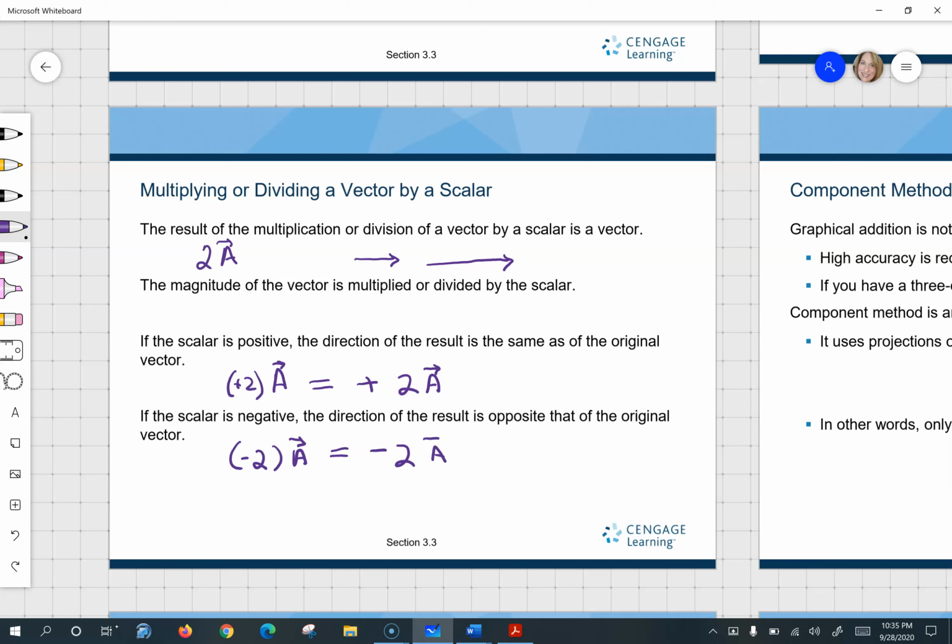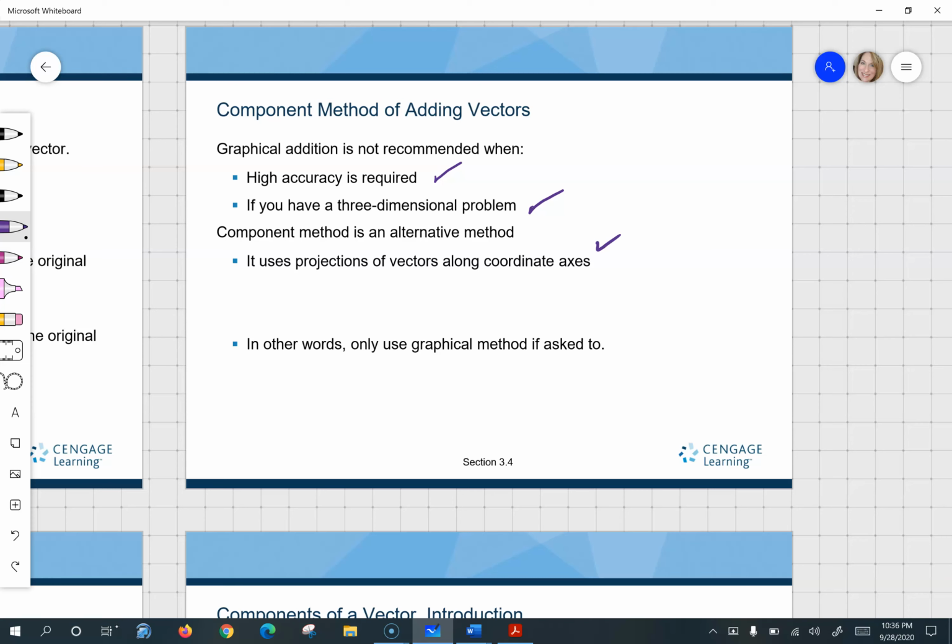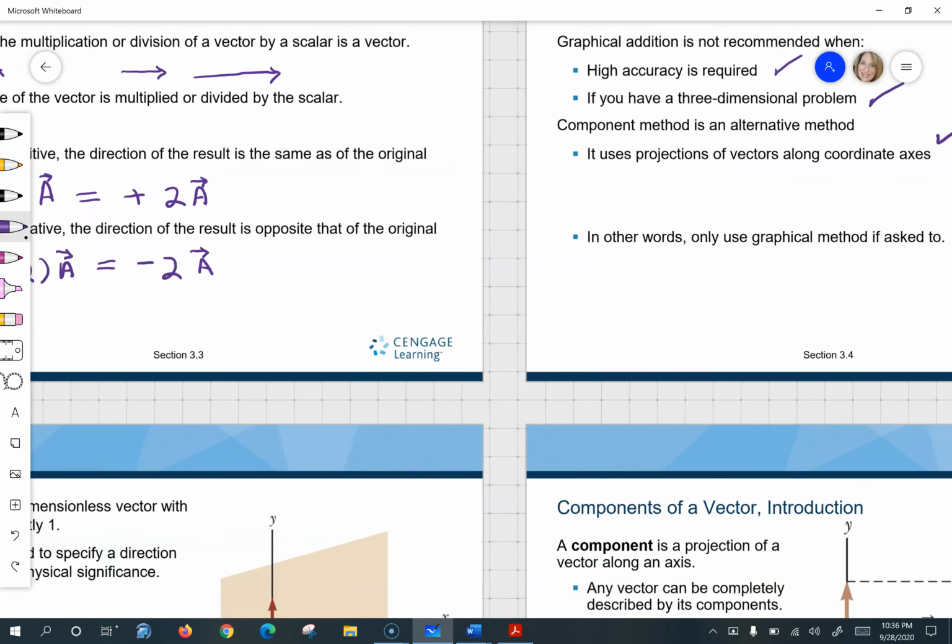You don't want to use it if you have a 3-dimensional problem. You want to use your component method, which we're going to go over next. So in other words, you only use the graphical method if you're asked to do so.